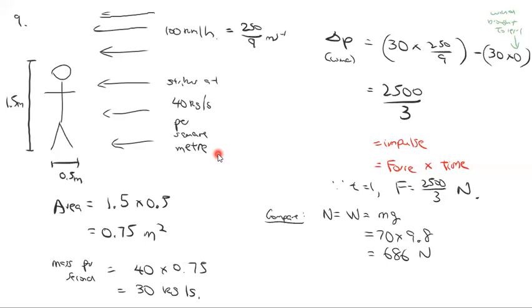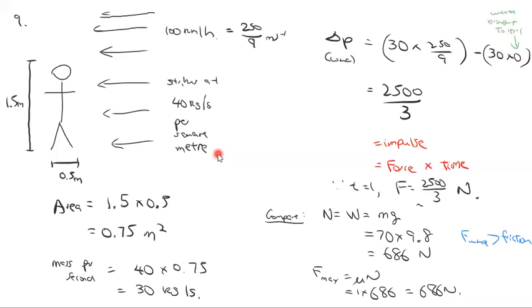And so if the friction force is mu N, where mu is equal to 1 in this question, then it's 686 newtons. So we would say that the force of the wind is greater than the friction, which is around 833.